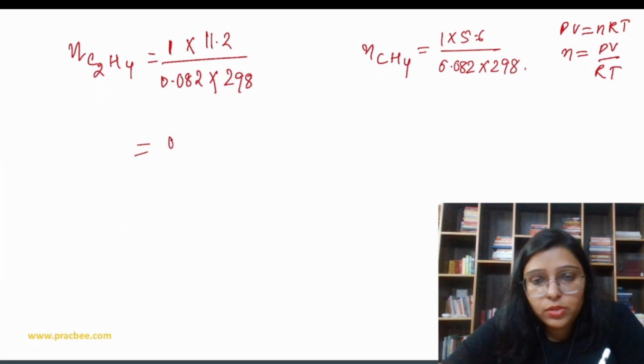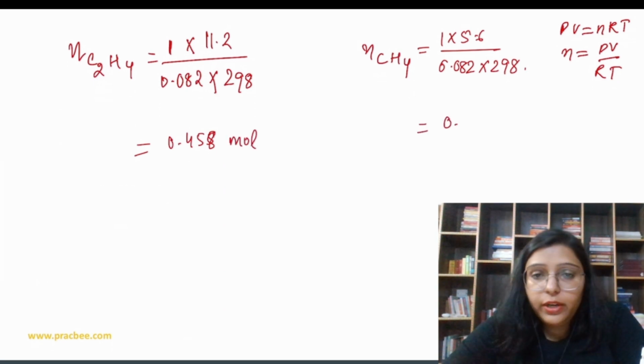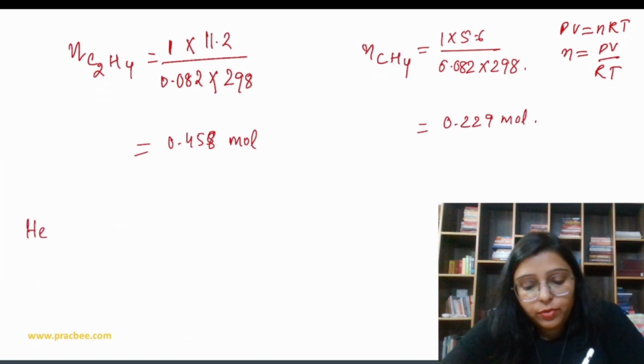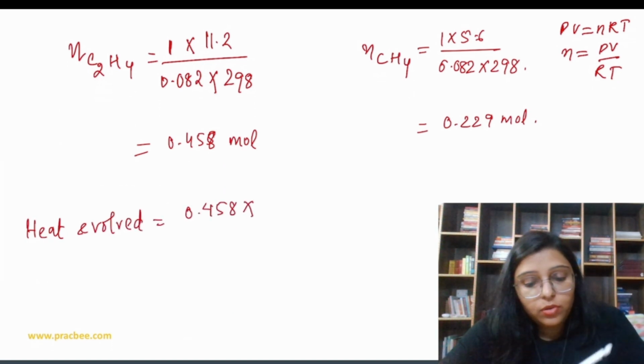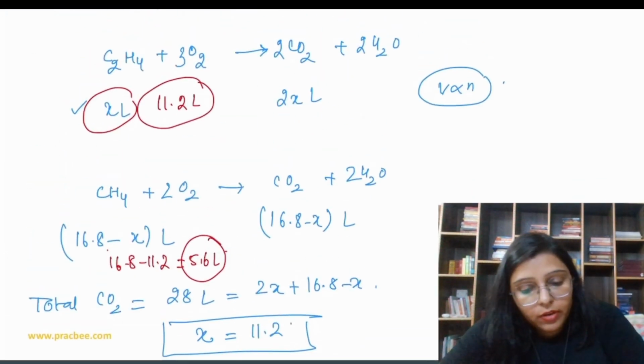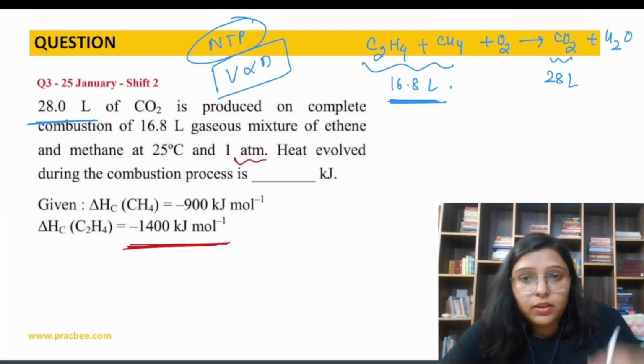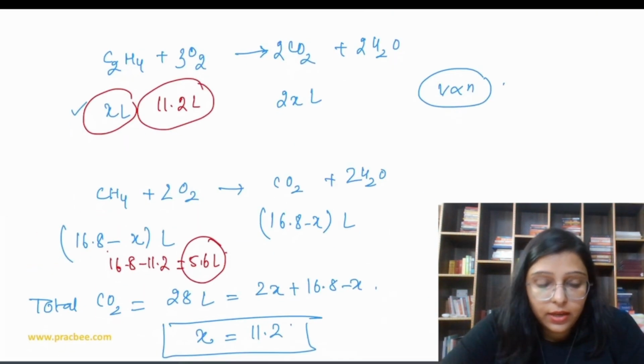So when you solve this, you get 0.458 mole and here you get 0.229 mole. Okay. Now you have to find out the heat evolved. So we have 0.458 mole of C2H4. So heat evolved per mole of ethene is minus 1400 and for methane is minus 900.